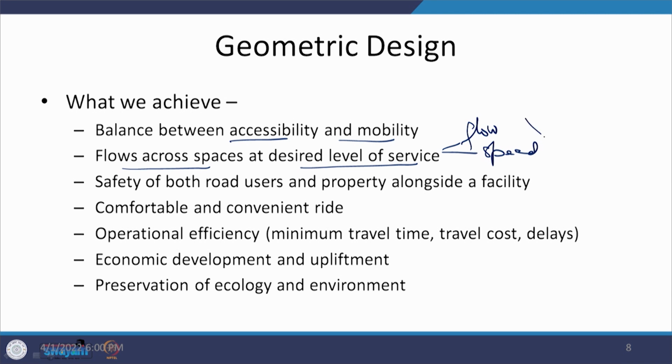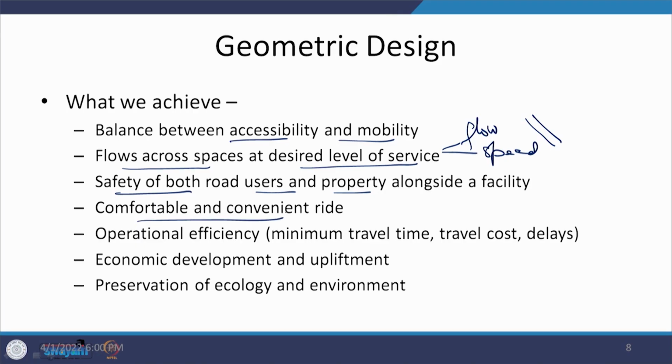These are the two parameters which are visible to the user. The third parameter can be density, but that is not visible to a person. This is what we are usually going to talk about. Then the safety of all types of users, as well as the property on the side of the road, is also something we are going to achieve if the design is good. We will have a comfortable and convenient ride.